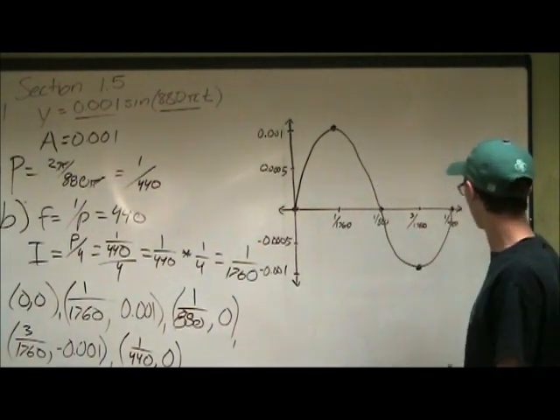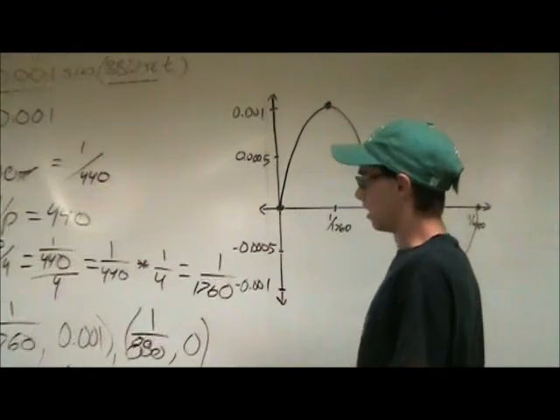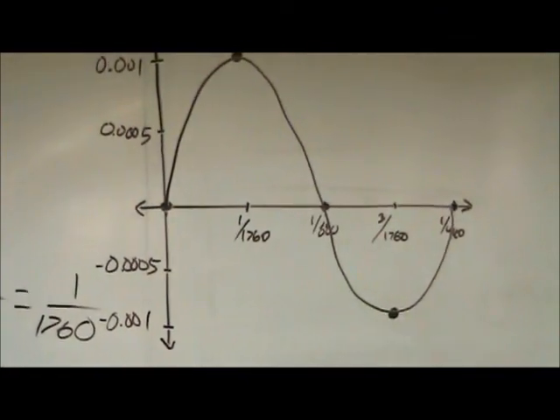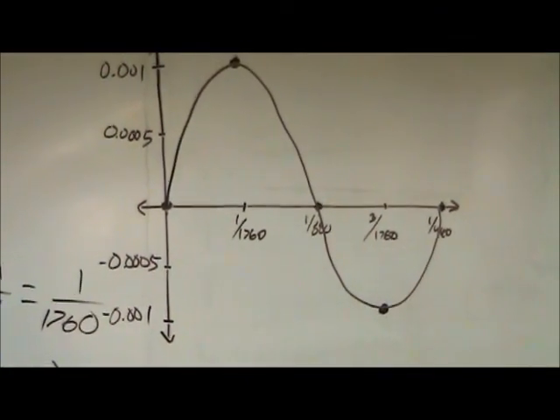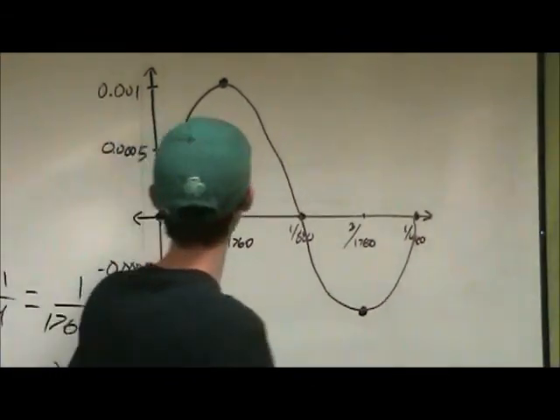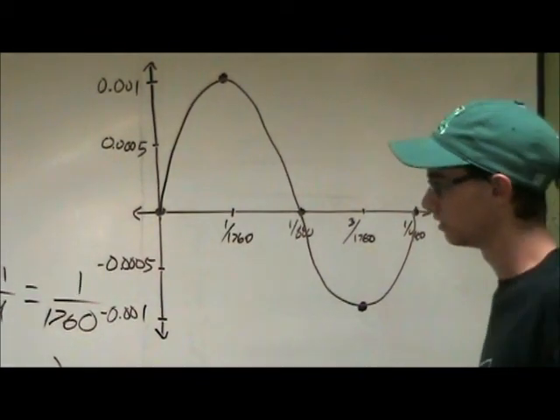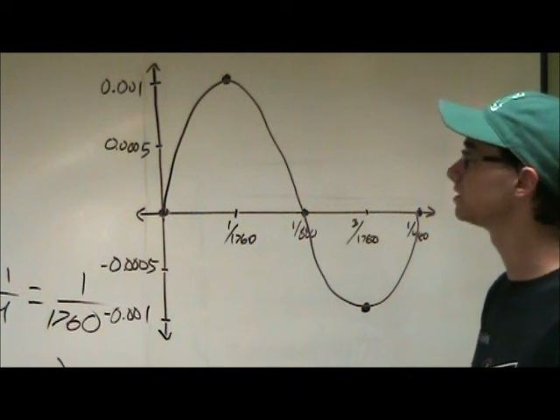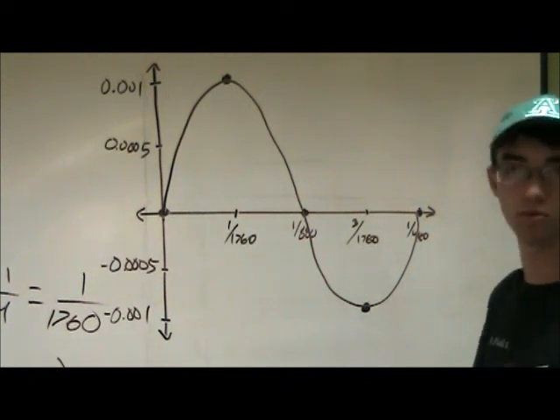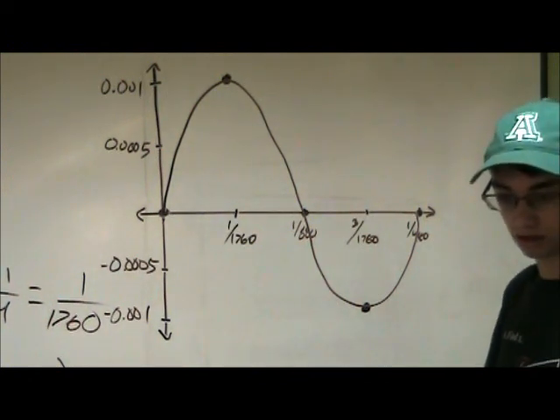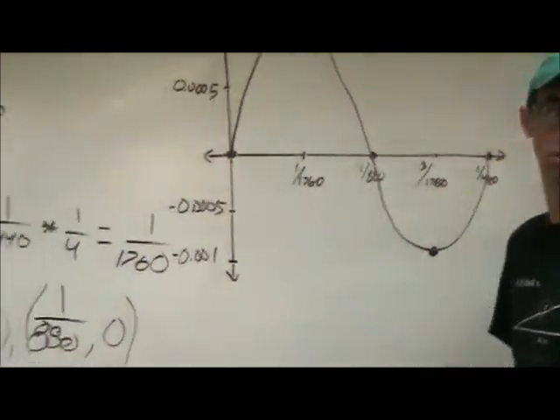So, yeah. I believe that's it. I covered the frequency, so it looks like this problem has been solved. So, that's how you do section 1.5, number 91. And, we're done.